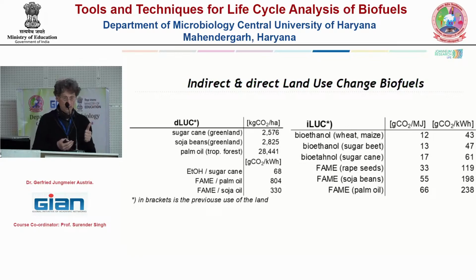It's only happening once, when you convert it. It's extremely high if you convert a tropical forest to a palm oil plantation, roughly 30 tons per hectare. You're really losing carbon because in tropical forest you have so much carbon stored.